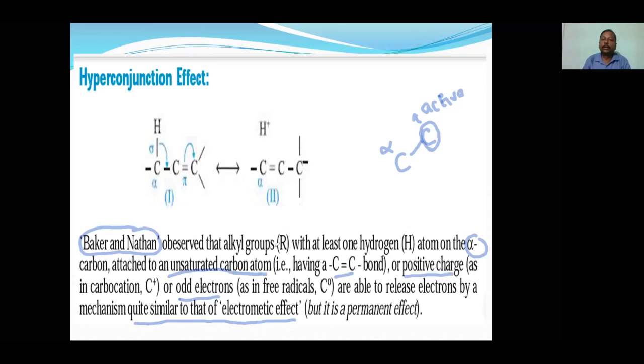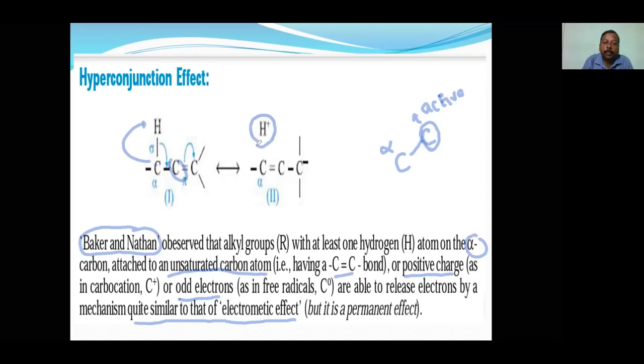Okay, actually there is no conjugation here. In the mesomeric effect or resonance effect, conjugation is a must. See, you don't find any conjugation. But this is the active carbon, okay? This is the alpha carbon and this is the alpha hydrogen. So here this sigma bond is converted to a pi bond, okay?